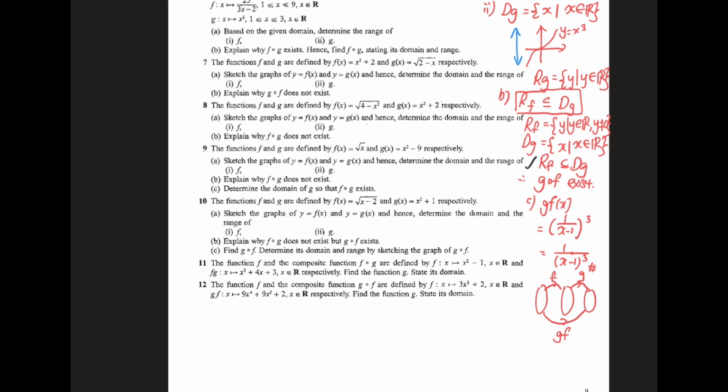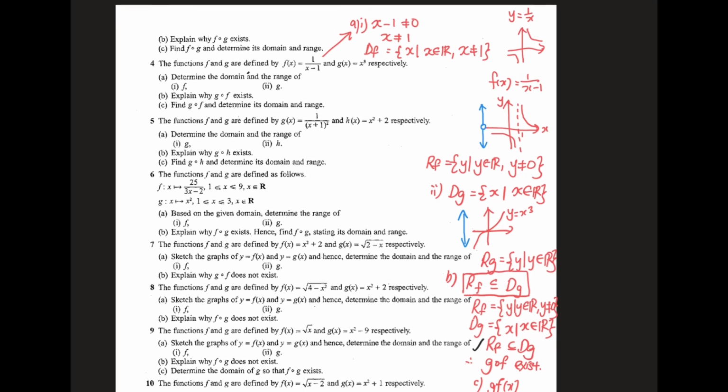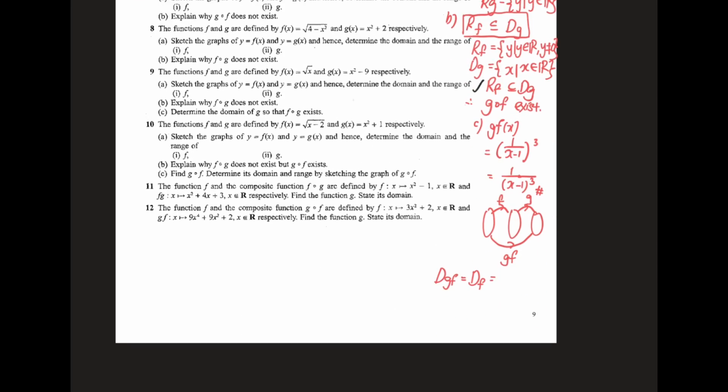So the domain of gf is actually the domain of f, and we just copy from what we found just now, which is real numbers except 1. They share the same domain. So let's write down: x such that x are real numbers except 1.